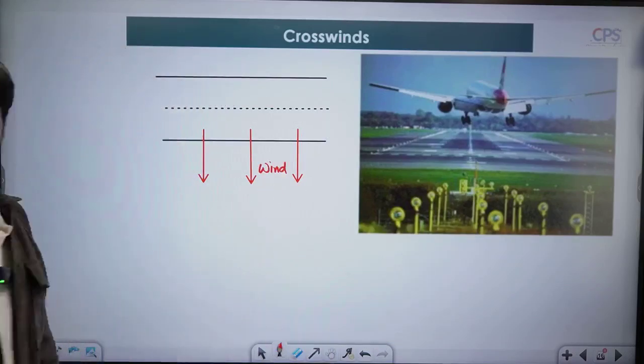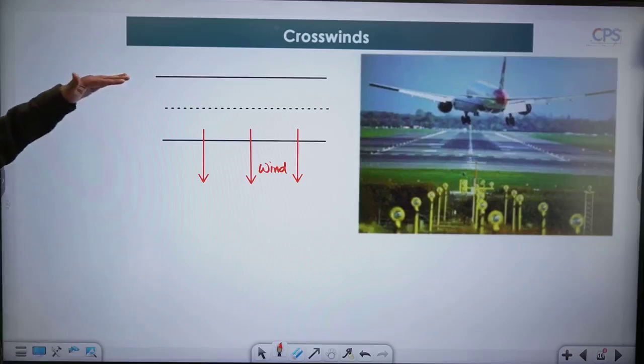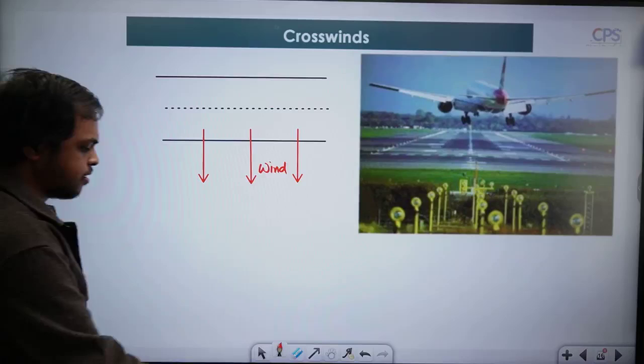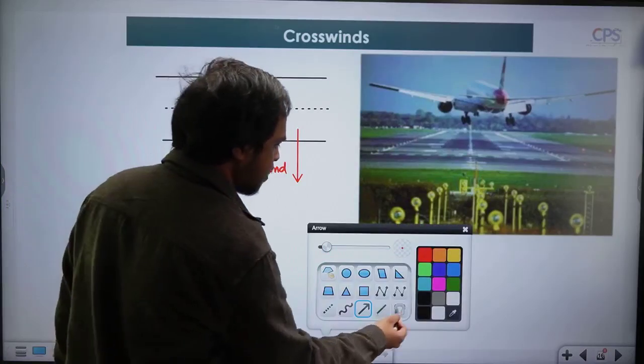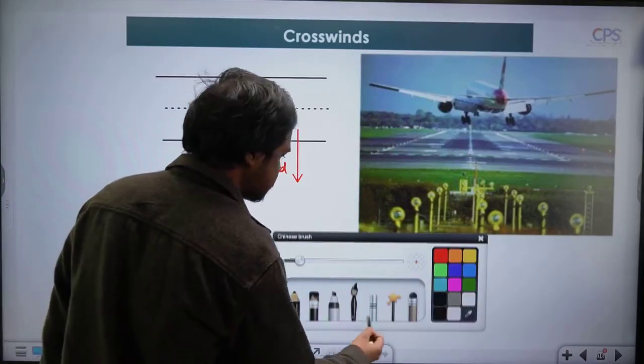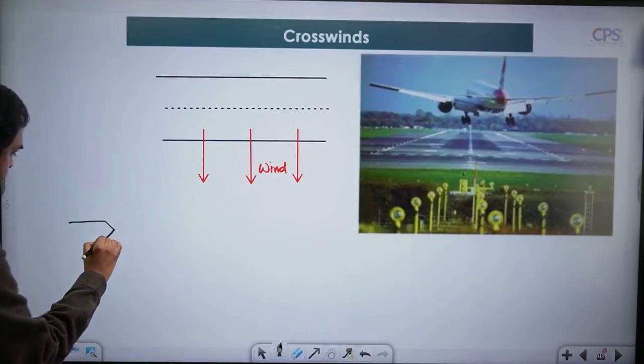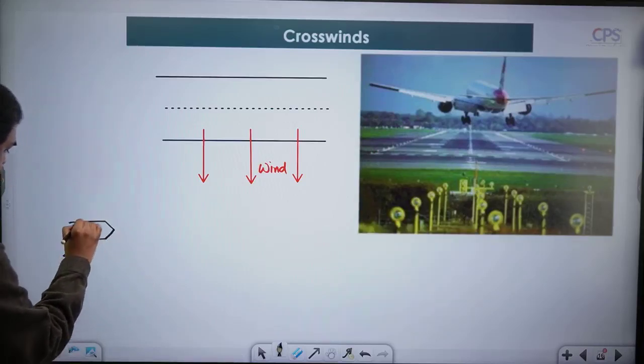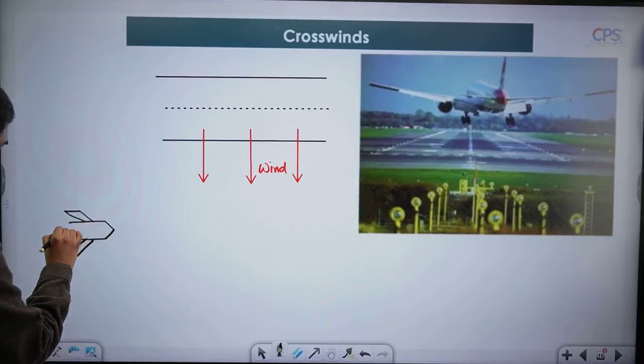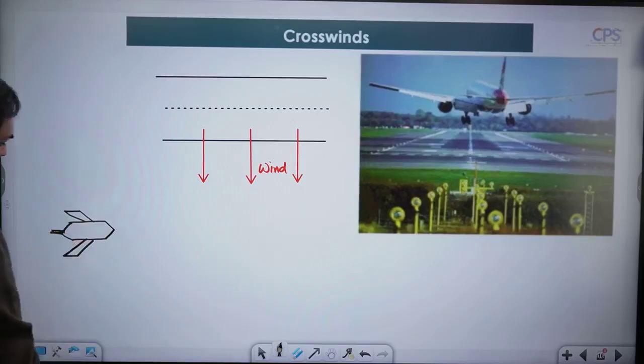Now, if the wind flows in this way, and the aircraft comes in straight this way, so let's try to, okay, assume this is an aircraft, don't judge me on that.